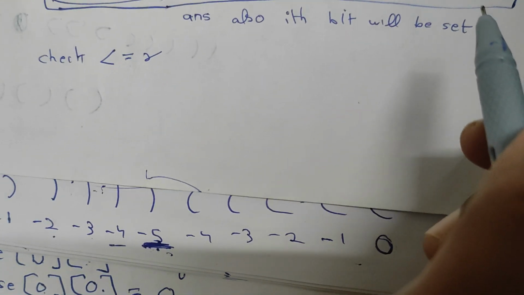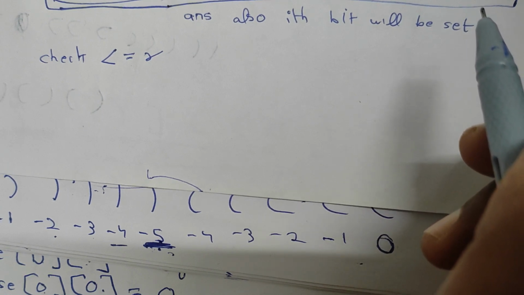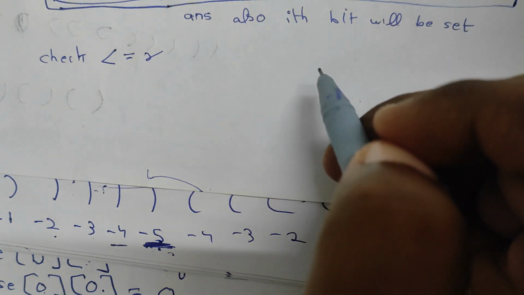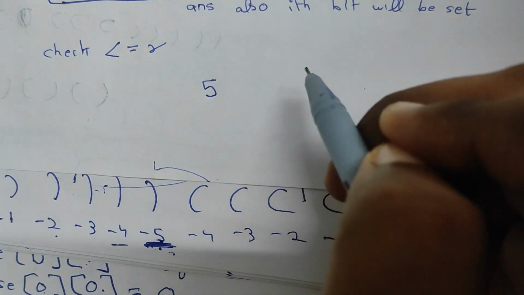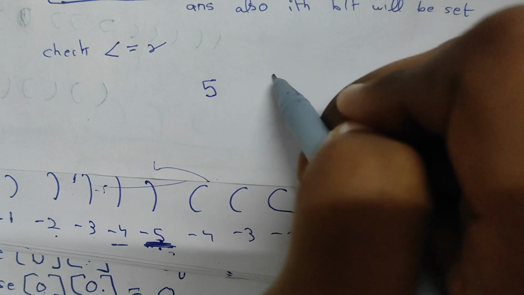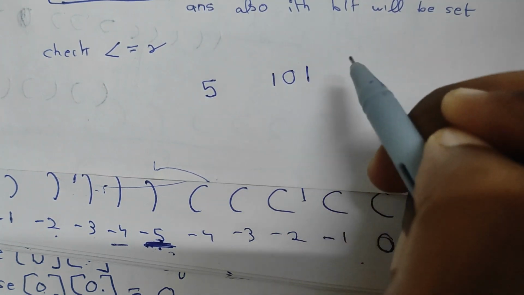So suppose we have a value 5. 5's 0th bit is set, first bit is not set, and second bit is set.